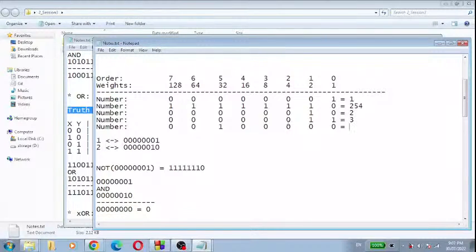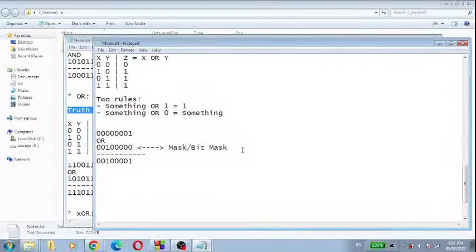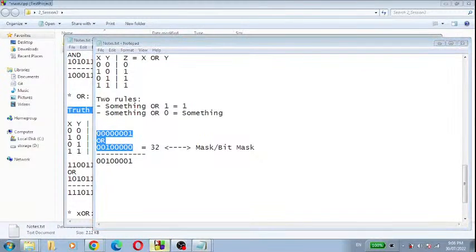Of course I'm going to get 32 here. So this is 32. So this mask is 32 actually. So I'm going to OR with 32.